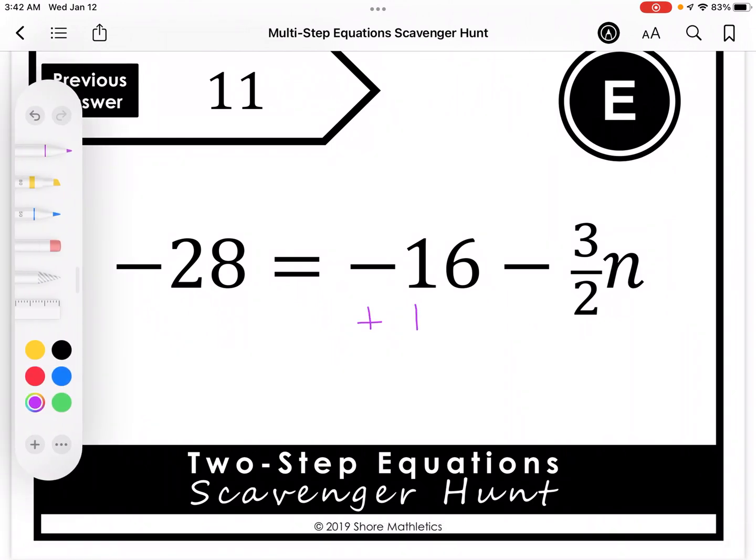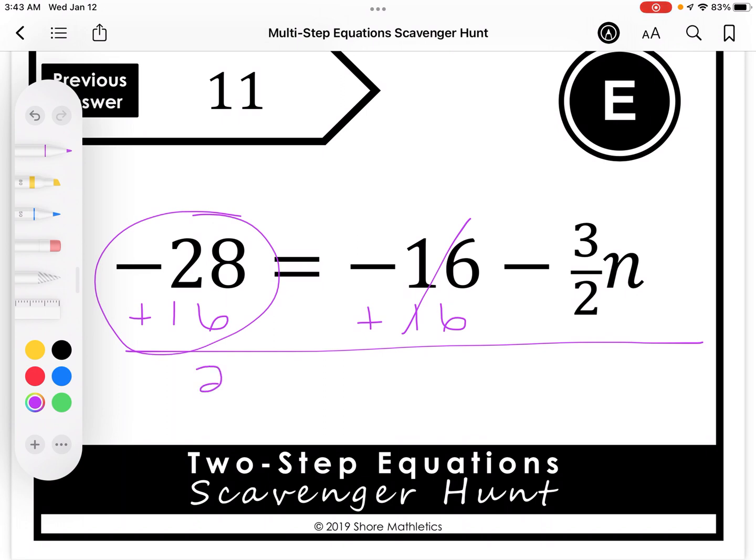So I'm going to add 16 to each side to create that 0 pair. So my signs are different, so I have to subtract. I get 12, and it's more negatives than there are positives. I get negative 3/2 n. So if I multiply by 3/2, I have to divide by negative 3/2.